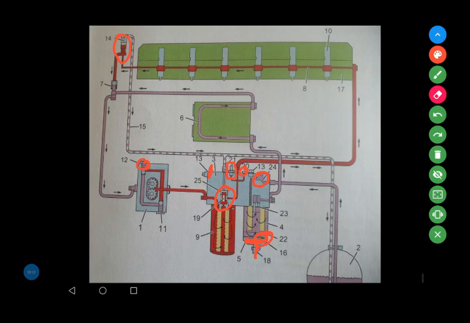It also measures how much pressure the fuel has. So this is used to control the pressure of the fuel in the fuel supply system. And this engine control unit is also used to cool the fuel of the fuel system.